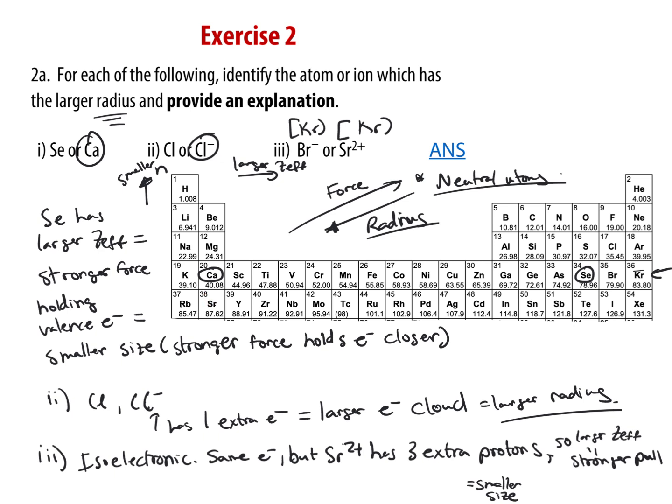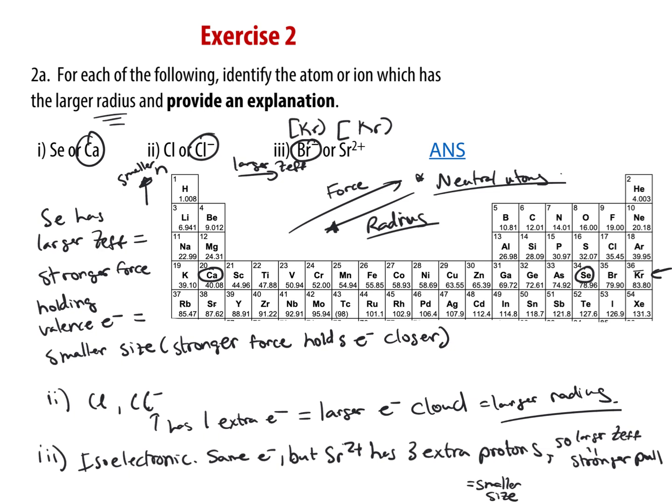That's going to increase the Z effective, give us a bigger pull on those same 36 electrons, and that bigger pull from the larger Z effective is going to pull those 36 electrons in closer and make Sr2 plus a smaller size, and therefore Br minus is the larger of the two.